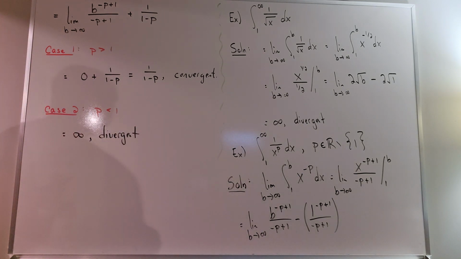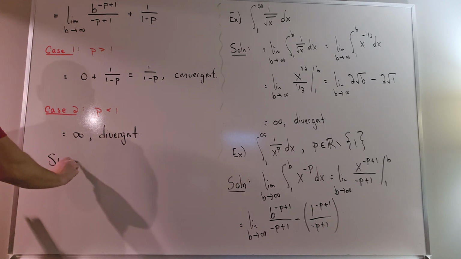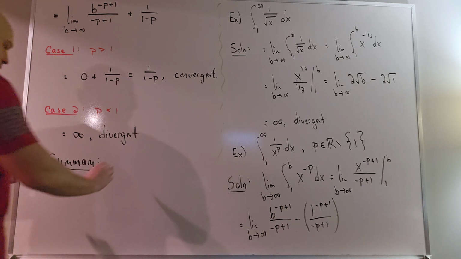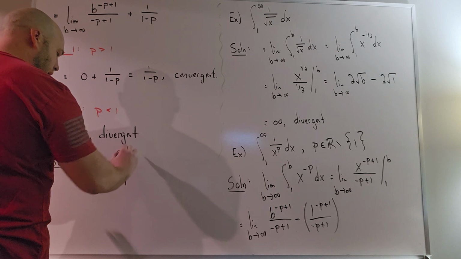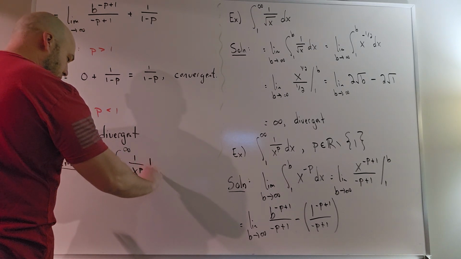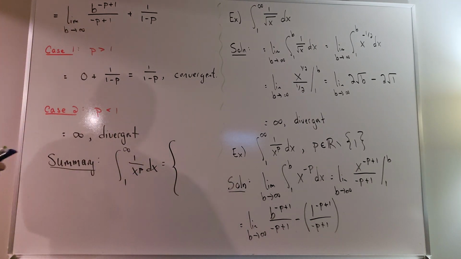So let's summarize what we just found. So what we have is the integral from 1 to infinity of 1 over x to the p dx. Make it look like a piecewise function here.